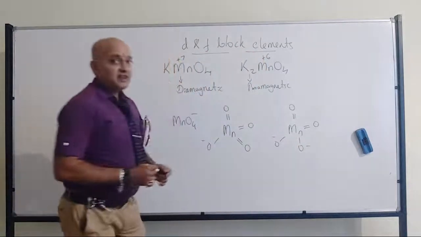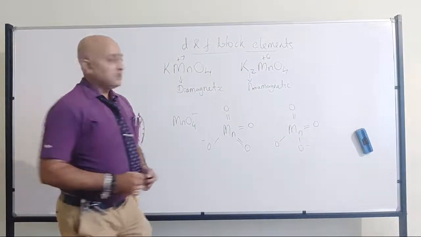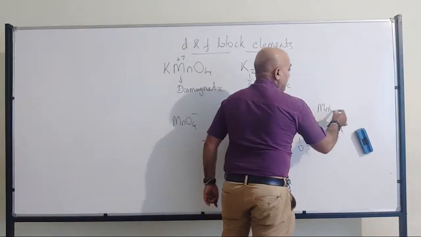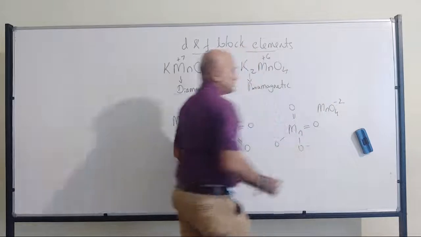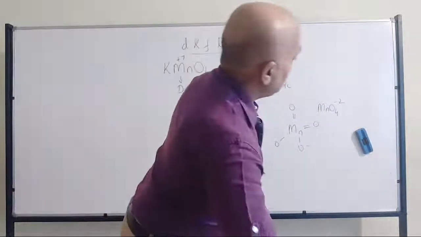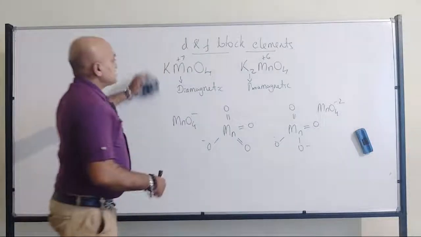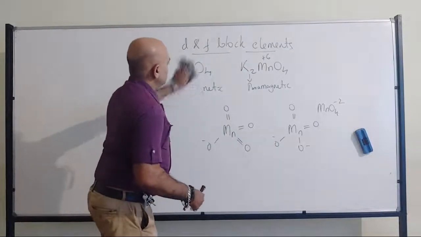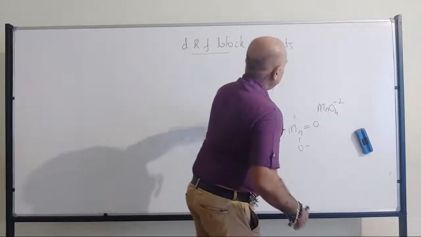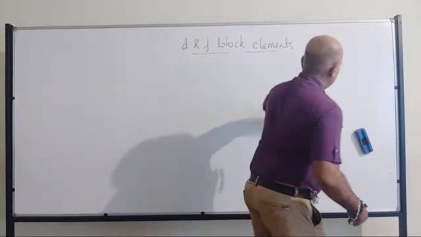The other 2 will be having negative charge. So therefore when I am talking about manganate, it will be MnO4 minus 2. All of you have understood? So that's what we have discussed in the last class, the difference between manganate and permanganate.